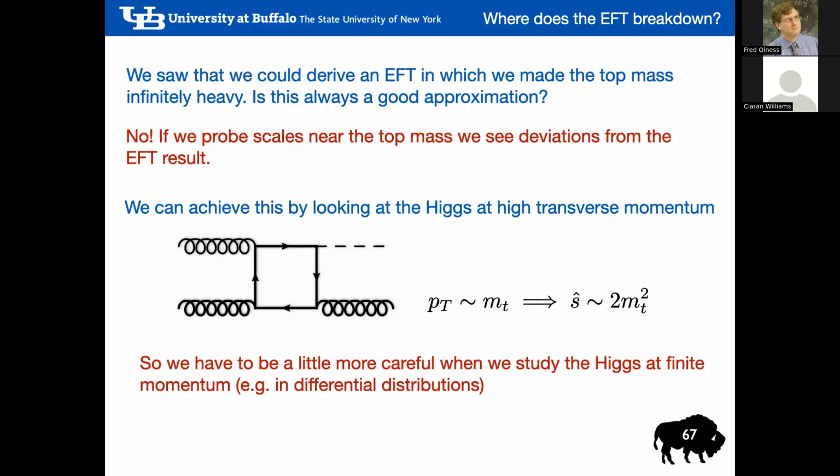So at high energies, they'll give you a large correction, and the full theory result is going to be undershooting the EFT result. So if we are looking at high PT Higgs bosons, we need to be very concerned about the top mass, and we can't be using the EFT. But if we're looking at more inclusive numbers, such as total cross sections, we can be less worried about the deviations from the effective field theory.